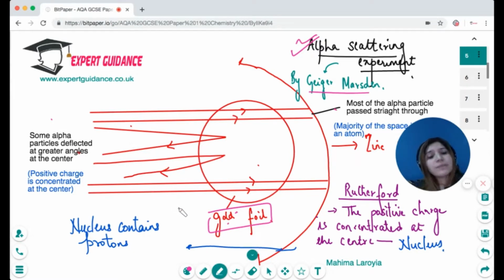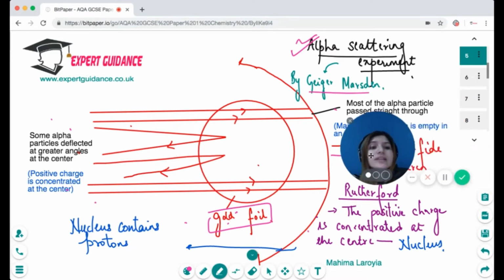They predicted that if the plum pudding model is correct, then the majority of the alpha particles should pass undeflected through the gold foil and hit the zinc sulfide screen. But to their surprise, what they found was that the majority of the alpha particles went through undeflected, and there were minor deflections, and at the center there was a greater deflection, and some of the alpha particles just bounced back by 180 degrees.